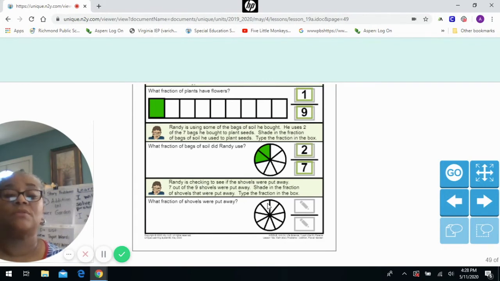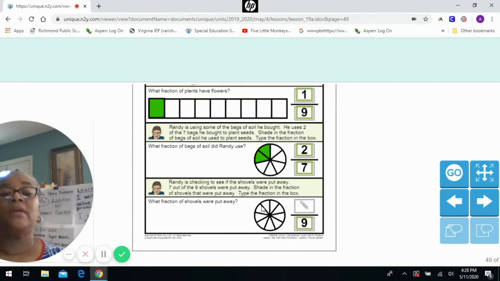And we can count the sections in the wheel. 1, 2, 3, 4, 5, 6, 7, 8, 9. So what would go here? Would the number 9 go in the denominator or the numerator? The denominator. Why would it go into the denominator? Because that's all of them. That's all that he bought. That's the whole thing.